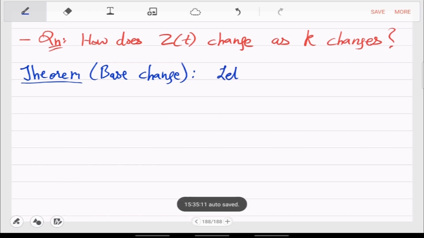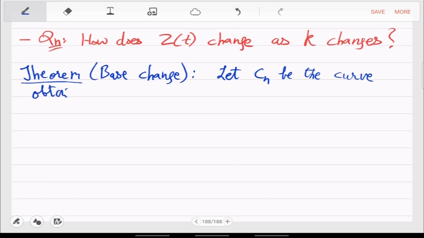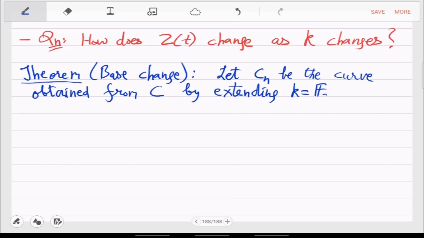So let Cn be the curve obtained from C by extending. Previously the size of the field was q, let's make it q raised to n.